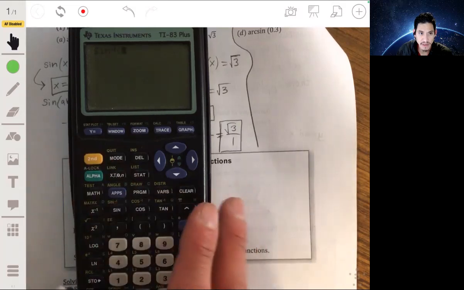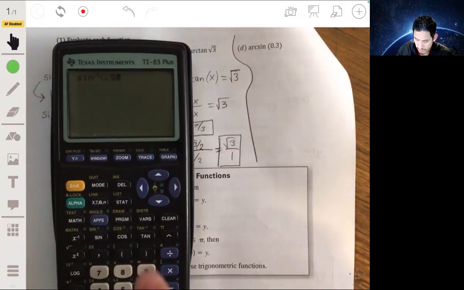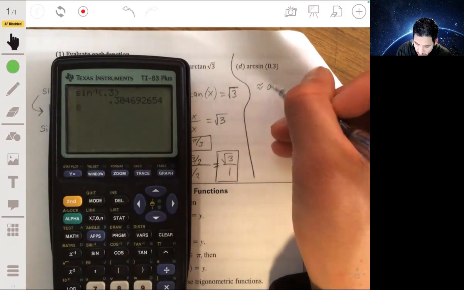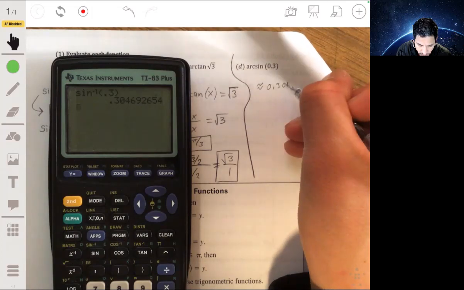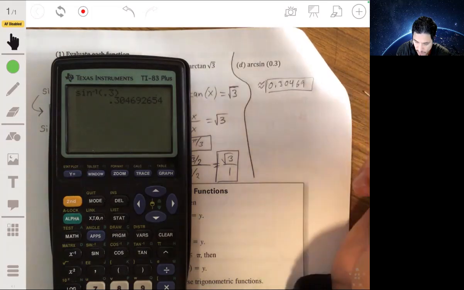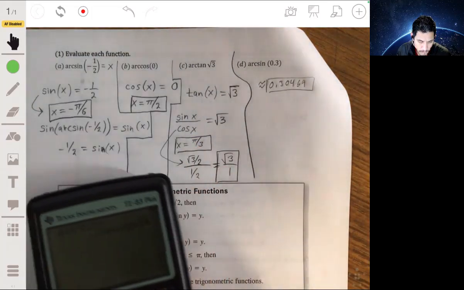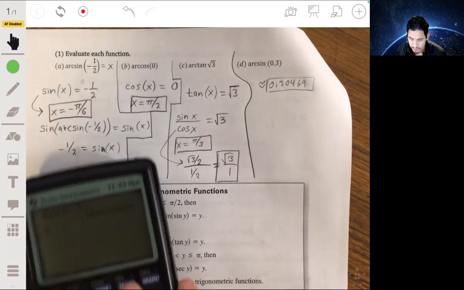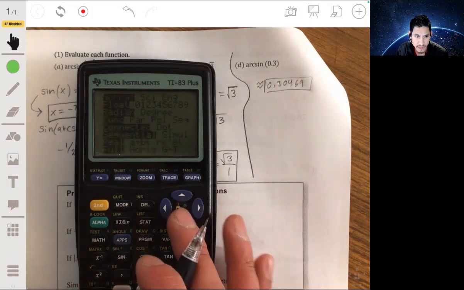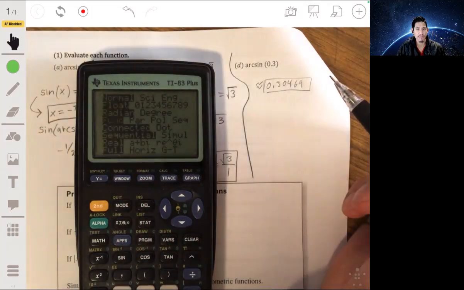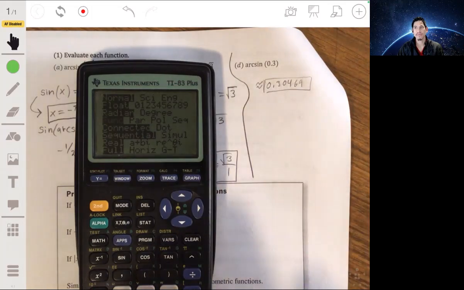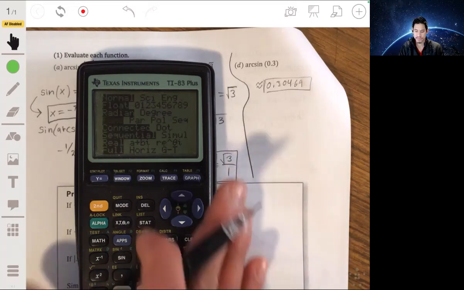So I take the inverse sine of 0.3, and I would get about 0.30469. Also, a side note: make sure your mode is in radians. Unless it says otherwise in the problem, always assume that when dealing with trig functions, your units are radians, not degrees.